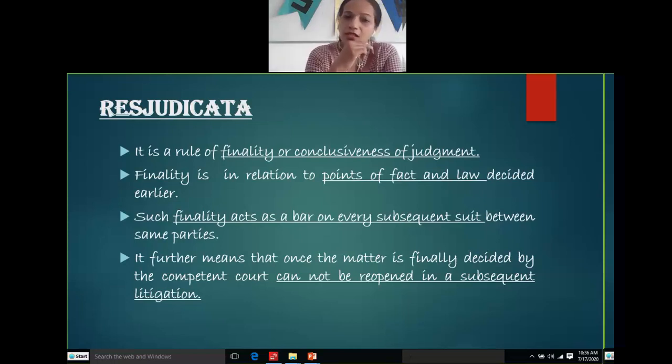Next is such a finality acts as a bar on every subsequent suit between the same parties.